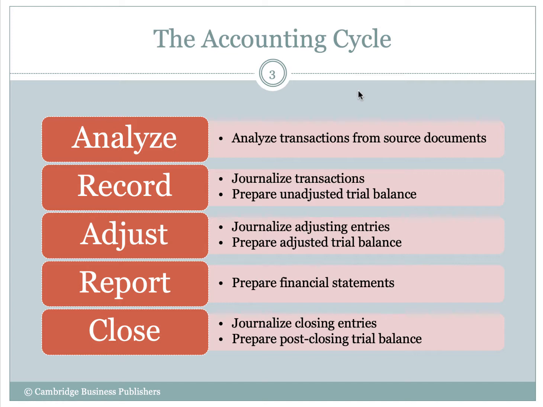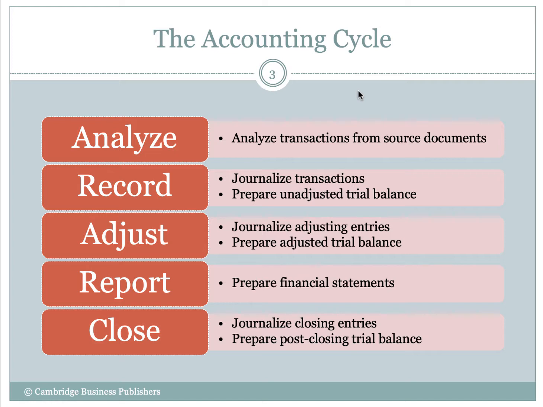We'll get into those a little later as well. Again, making adjustments means that we have to do our journal entries. So that's what they mean when they say journalize adjusting entries. We have to post them to the ledger, and then we have to prepare what we call the adjusted trial balance.